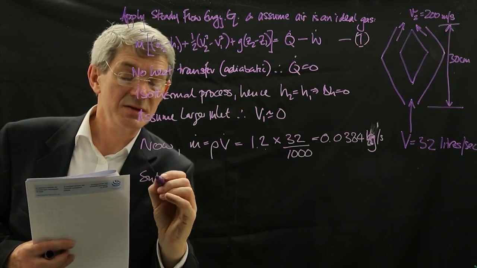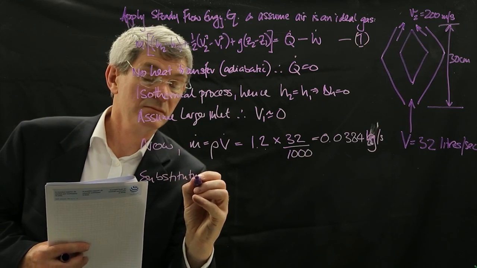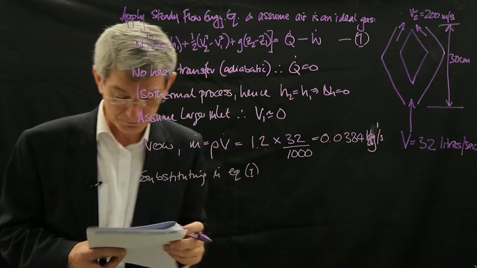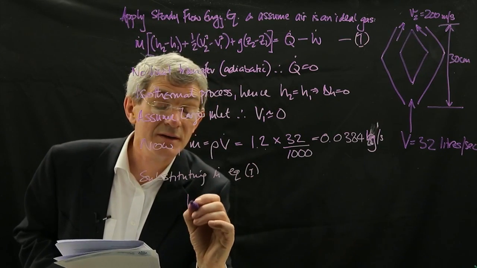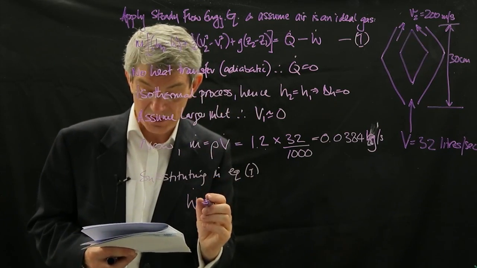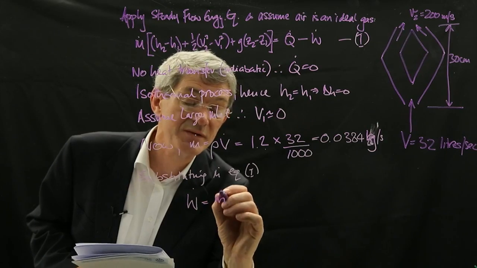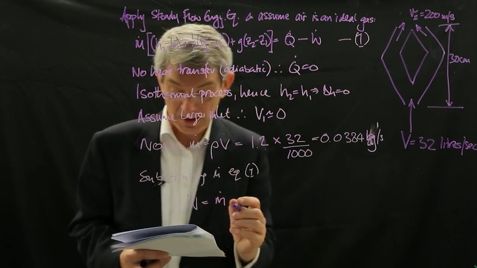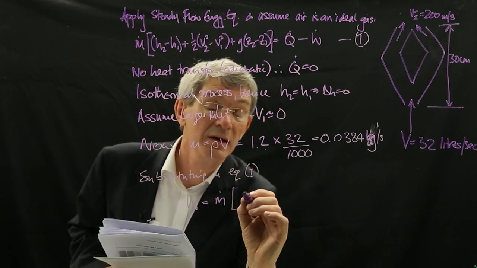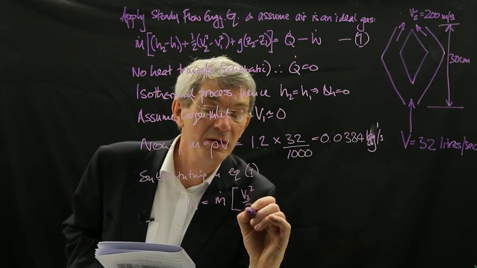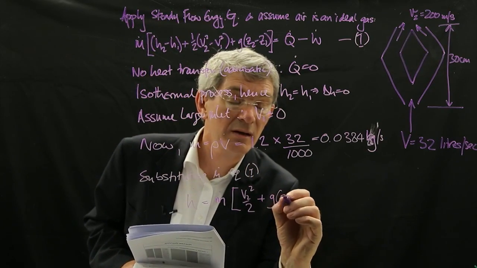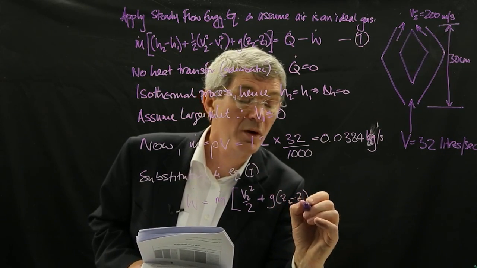So substituting in equation 1, we're going to have W dot is equal to what's left over on this side here. So let's write it out in symbols first of all. M dot we still have, and this term here has disappeared. We're just left with one term here, so it's V2 squared over 2, and we're left with this term as well, plus g (Z2 minus Z1).